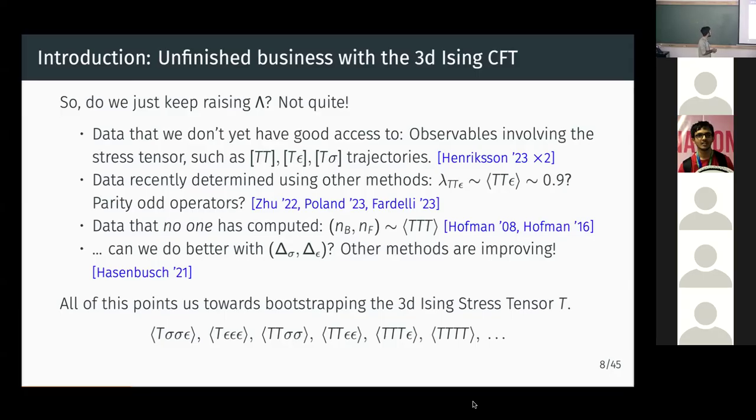And then finally, of course, can we push the island to be that much smaller? Can we get even better than the plots that I showed before? So all of this is pointing us towards bootstrapping the Ising system, but with the addition of the stress tensor included. So all of the correlation functions involving the stress tensor, as well as those of the scalars before.